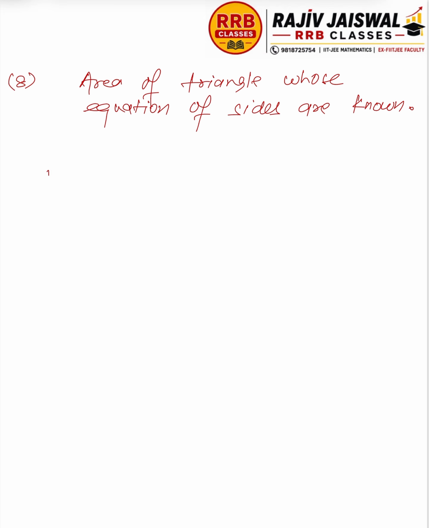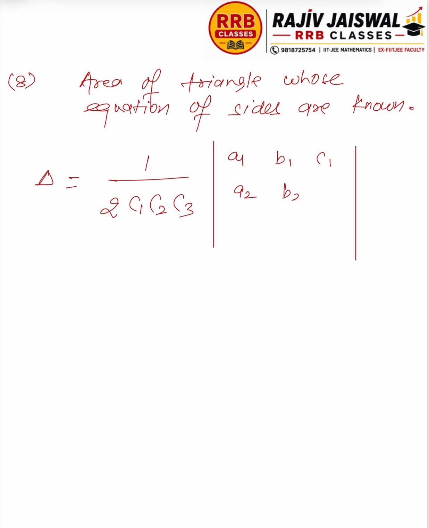It is what? Area is 1 upon 2 into C1, C2, C3 over the determinant A1, B1, C1, A2, B2, C2, A3, B3, C3. Obviously there is a use of determinant in this formula.